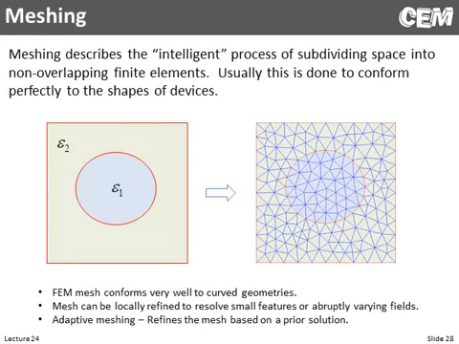And so we try to conform our mesh to curved surfaces. We can see these triangular meshes are doing that well. If there's regions, even if it's away from a boundary, but if there's regions where we know that the field is varying abruptly, we would probably put smaller triangles there. So suffice to say, there's a lot more to meshing than we're going to talk about here. We're just going to assume it can be done, and here it is.